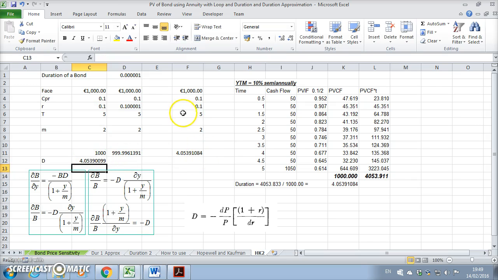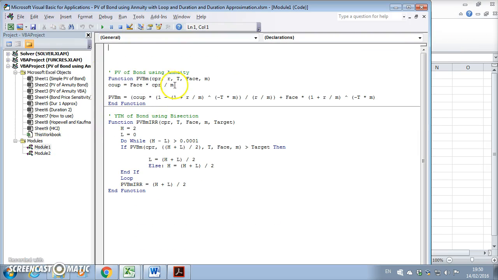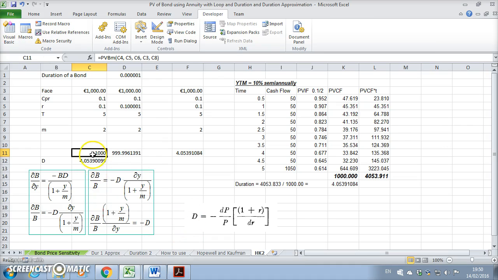Well, first of all, if we manually work out a bond with these particular characteristics of a face value, coupon rate, discount rate, and time period of 5 years with semi-annual compounding, semi-annual coupon payments, where the coupon rate is equal to the discount rate, the value of the bond is given by this, where we take that as being equivalent to the VBA code here, which is present value annuity factor times coupon plus face discounted for a relevant time period. Then we get a par value of the bond of 1000.